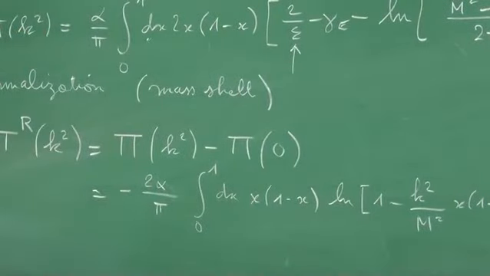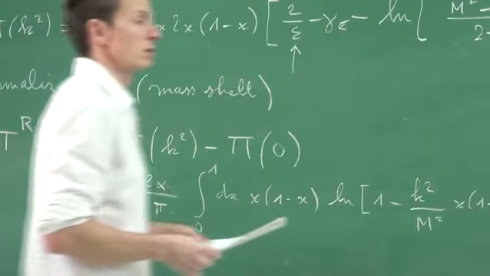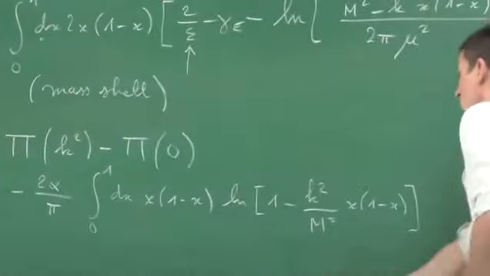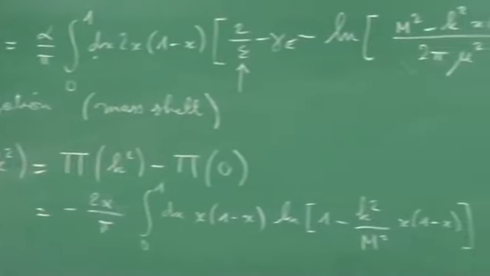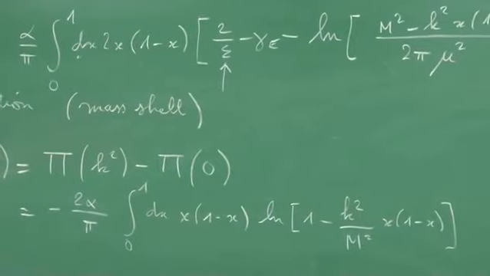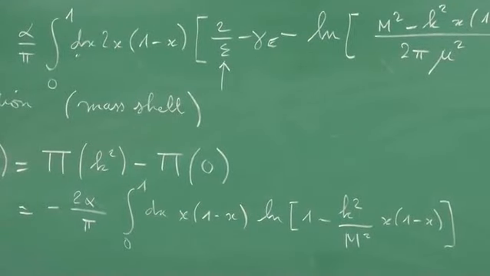Okay, so this is the normalized vacuum polarization in quantum electrodynamics. Now you have to insert it inside the vertex function.